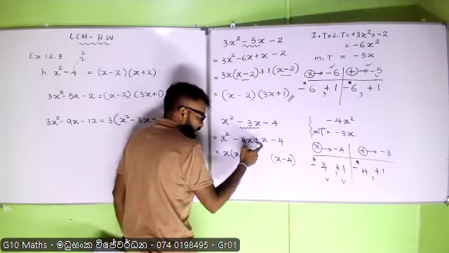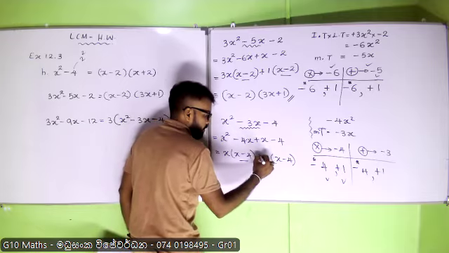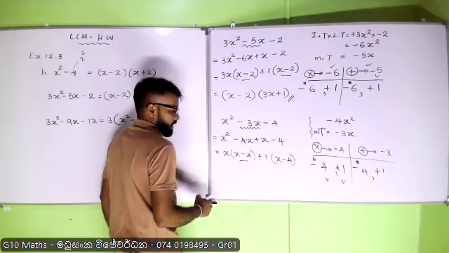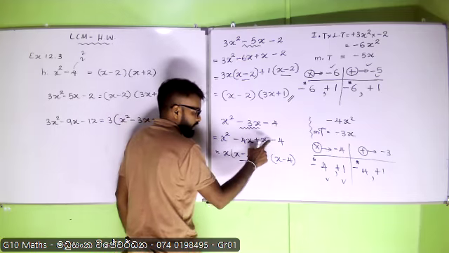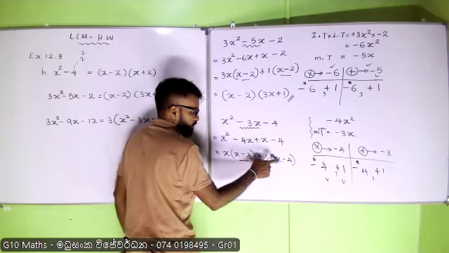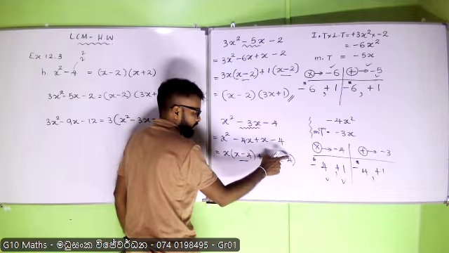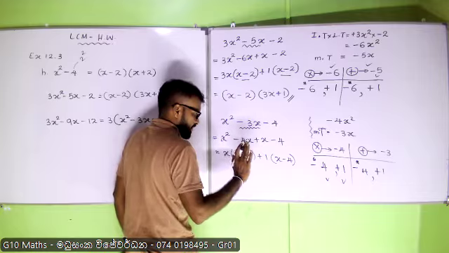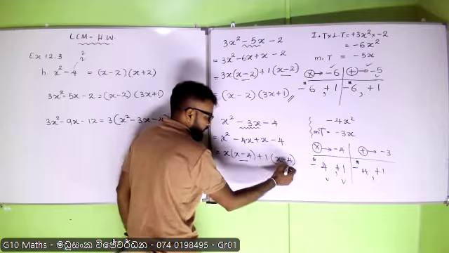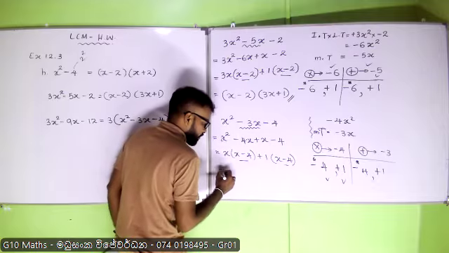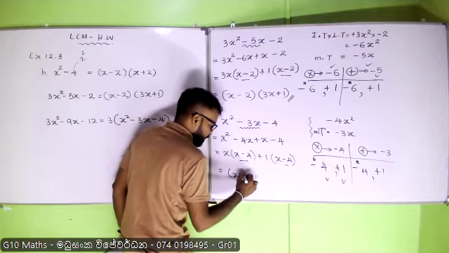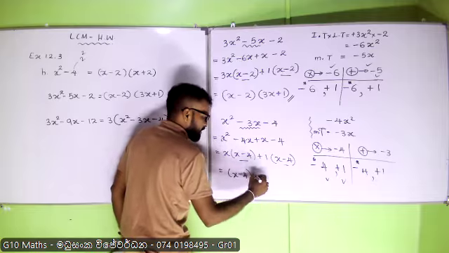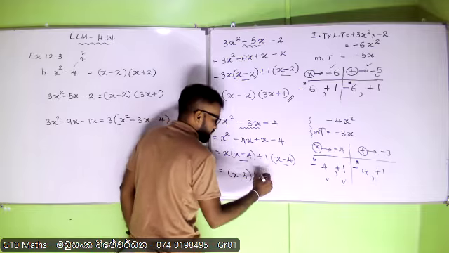Then take positive 1 from the bracket, because no sign changes happen. Positive x remains positive x, negative 4 remains negative 4. Done. So x minus 4, take it out from the bracket. Write the rest: x plus 1.